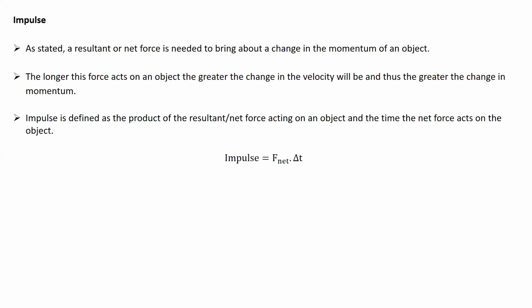Now, here's my second statement. So here's an object, and the object has a force acting on it. This resultant force, this net force, causes a change in the momentum. Fine. But that net force must first change the velocity.